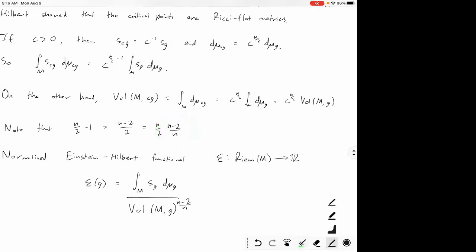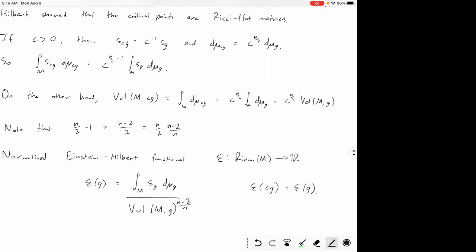Okay, so you can check that with this appropriate power, rescaling doesn't change the value. So it's just like before, except when you rescale, it doesn't change anything.